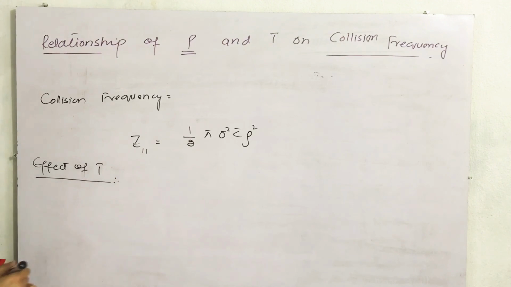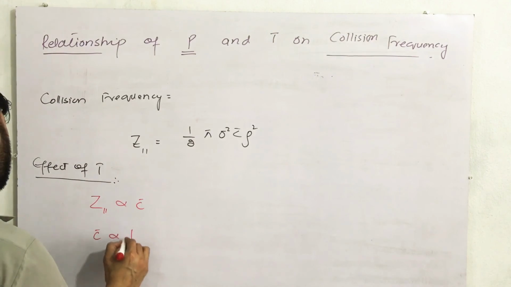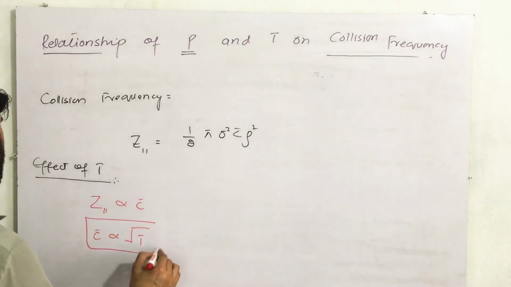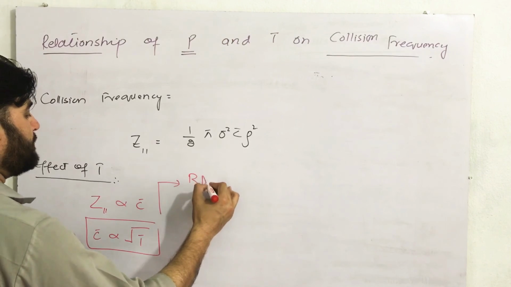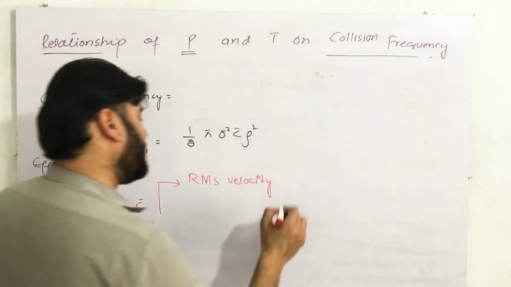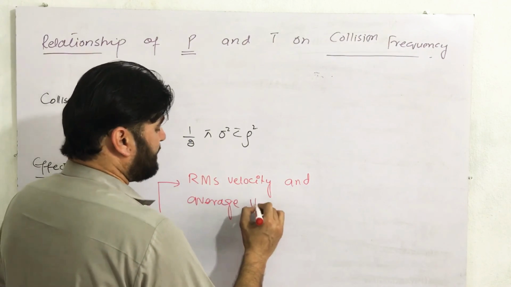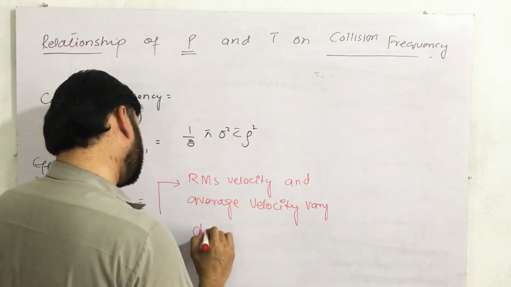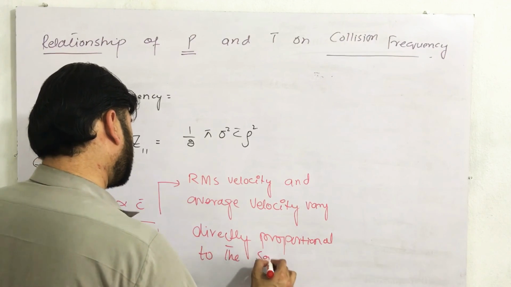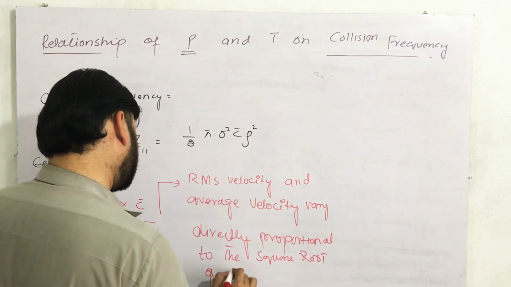Effect of temperature. Now, in this formula, Z11 is directly proportional to C bar, and C bar is directly proportional to under root T. It means root mean square velocity and average velocity vary directly proportional to the square root of absolute temperature.